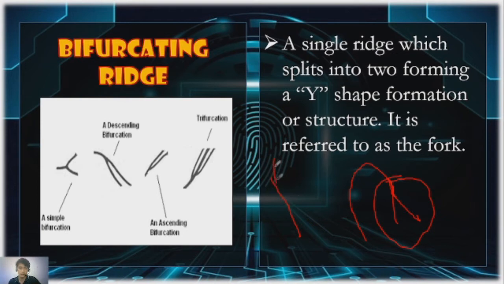This is what we so-called ascending bifurcation. Okay, and then trifurcation naman, by the word tri, if the single ridge separates into three, then trifurcation. Right, so that is for a bifurcating ridge.